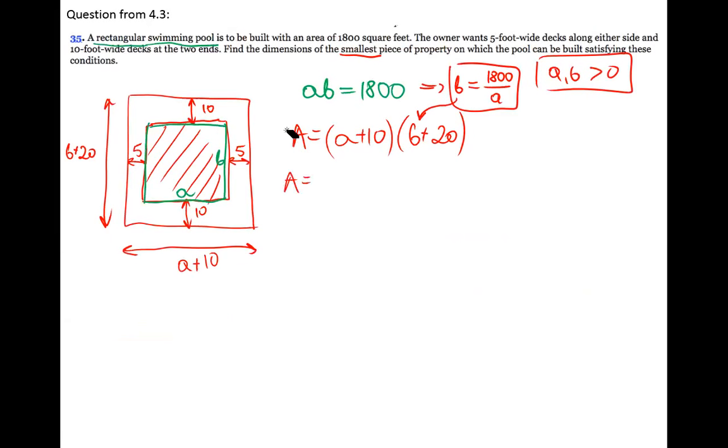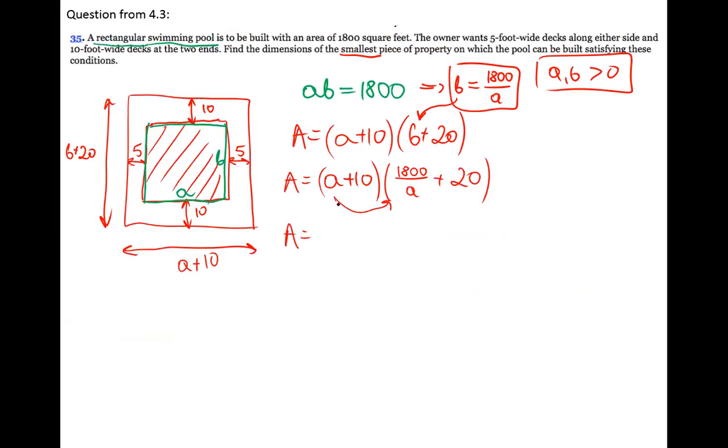First of all, I can actually keep the product: A plus 10, and then B is 1800 over A plus 20. I have to have a function which depends on one variable, A. Let's distribute everything now. Let's FOIL.